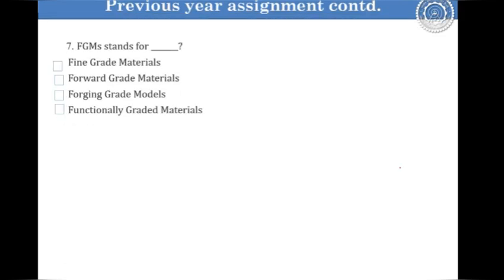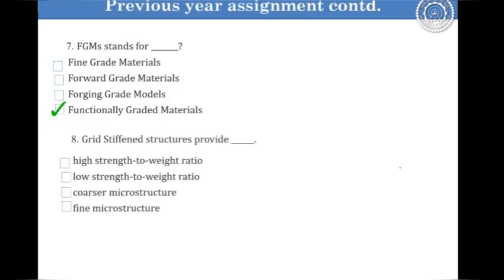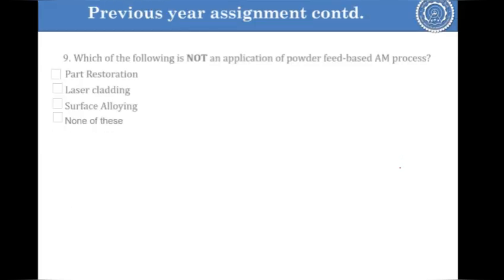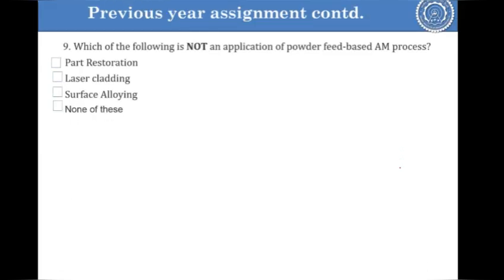Some questions from the last to last year. FGM stands for functionally graded materials. Grit stiffness provides high strength to weight ratio. Which of the following is not applicable for powder feed based AM process?